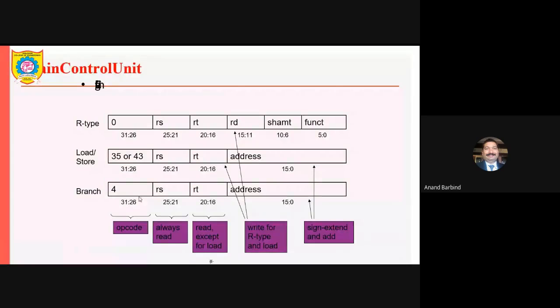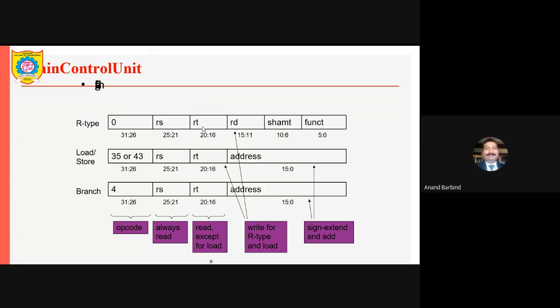Okay. Now this is, at a glance, the format of all the major types of instructions of the MIPS. In the beginning, we discussed the R type of instructions. In the R type of instruction, 3 registers are specified, and some operation with the function is specified. That operation may be add operation, subtract operation, AND operation, OR operation, or NOR operation, and like that. Okay.